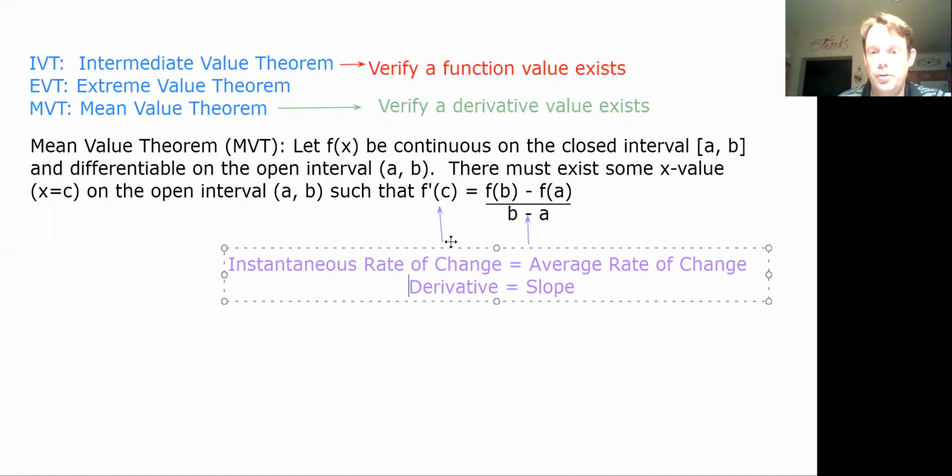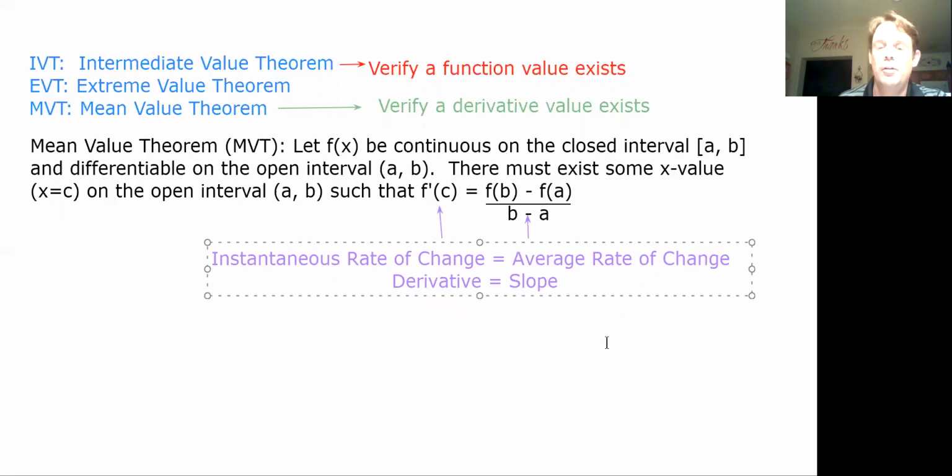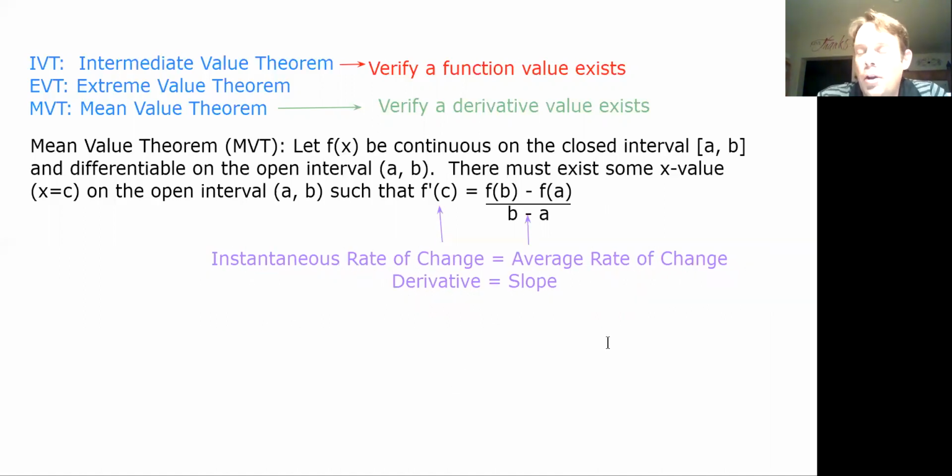So in other words, somewhere on any interval that's continuous and differentiable, the instantaneous rate of change is equal to the average rate of change. And I think you guys can kind of see this as well. So let me see if I can't draw this for you. If we can get our mind to wrap around this, then we're going to be sitting pretty darn pretty here.